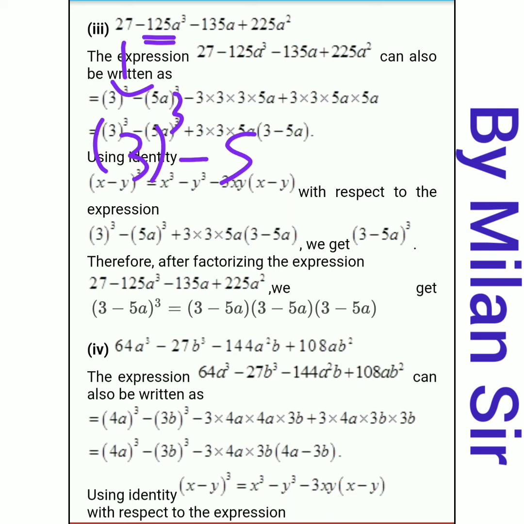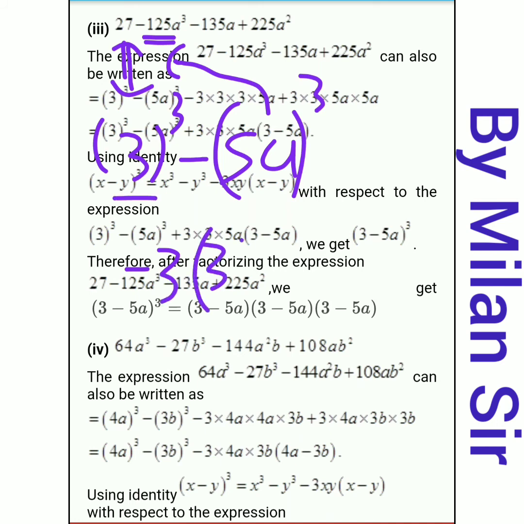Because 5 cube is 125. Then we have a, so 5a all cube. 3 all cube means 27, 5a all cube means 125a cube. After that we need to write minus 3, then our first bracket 3, second bracket 5a, and in the bracket first minus second, so 3 minus 5a.